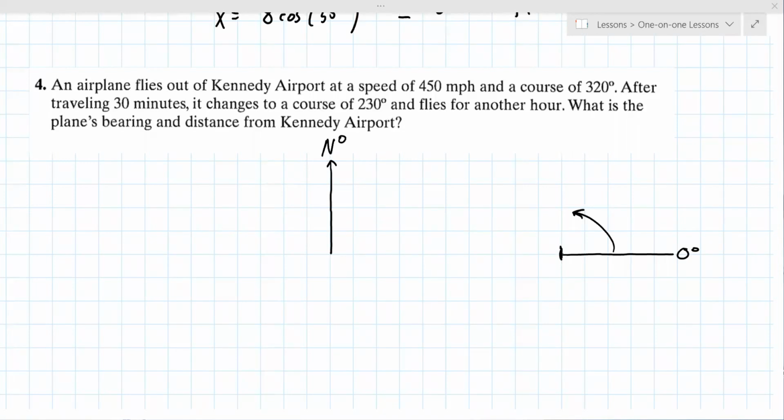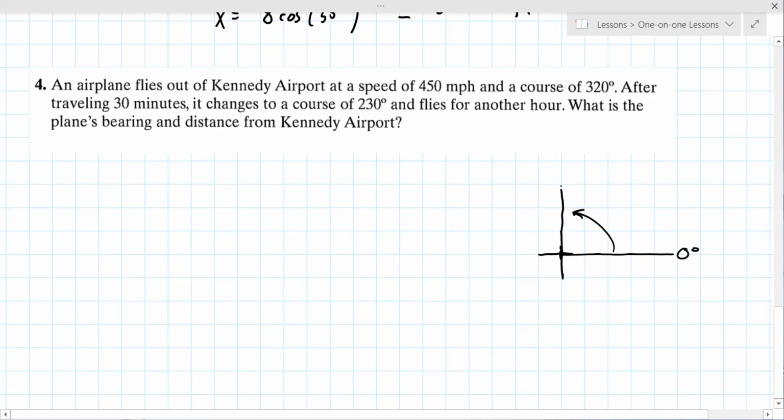Does it make a difference? No, I just want to be consistent with whatever you're doing. So let's just go with the second option, and we'll talk about this with respect to the unit circle.